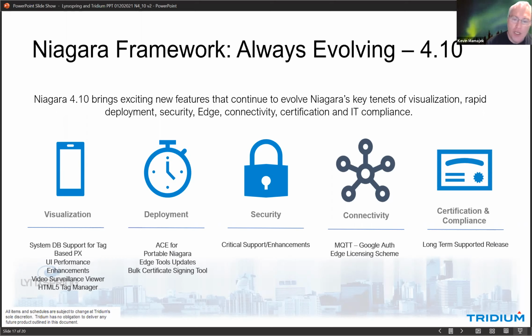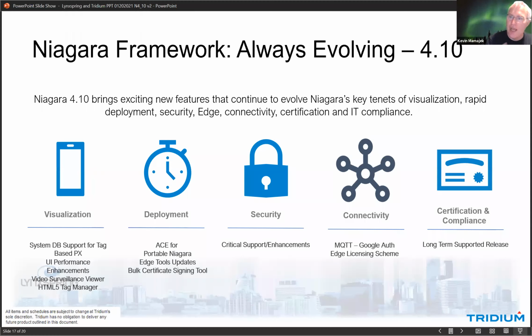So that's important. UI enhancements. With the new PX page that you can create, you will tell Niagara not to do any of the HTML5 rendering at the JACE or the supervisor level. You'll do it in a more modern way, which is to have the browser of the client do all the rendering.